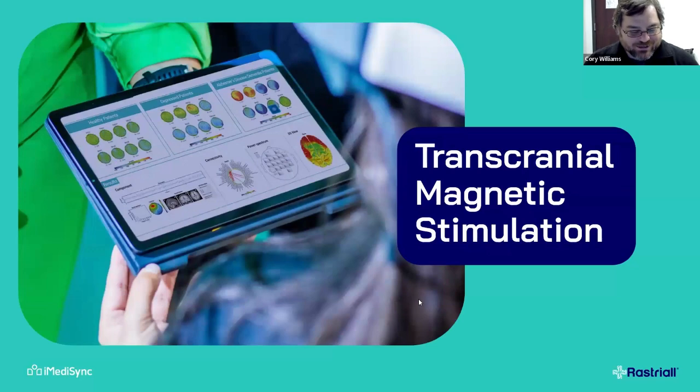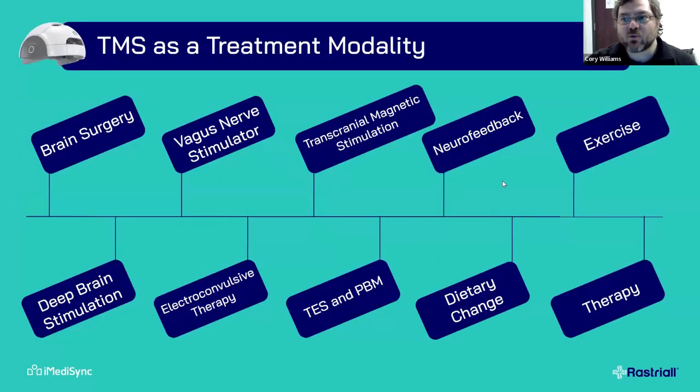So off we go. Let's talk about TMS, or transcranial magnetic stimulation. The first thing I wanted to do here was give a little bit of an overview, from the most invasive type of brain intervention we have to the least invasive. When we talk about most invasive, the thing that goes most into you, brain surgery is the highest.